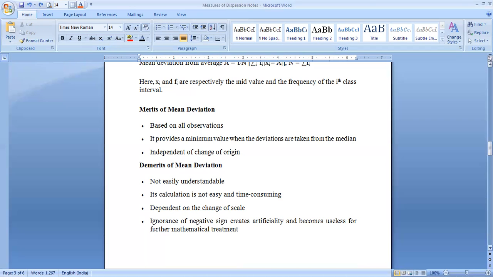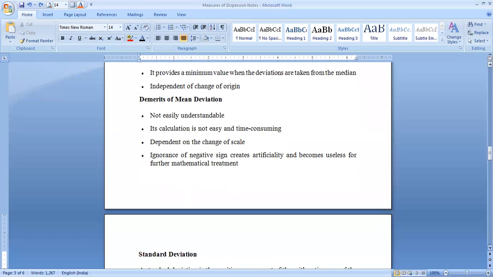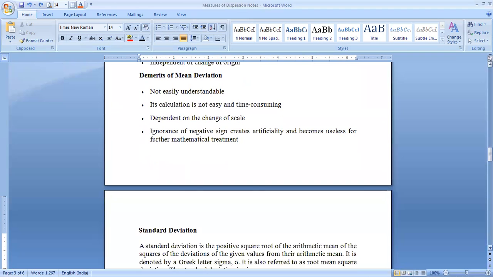Because in the formula we have used the absolute value sign, and therefore it will give only positive values and the negative values will not be included there, and therefore it is not very useful for further mathematical calculations or mathematical concepts. So again, this is a drawback of the mean deviation.